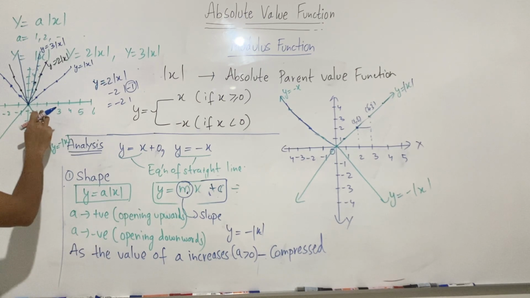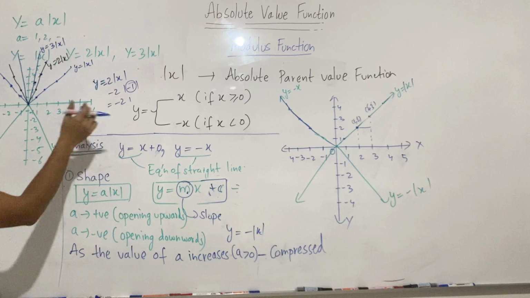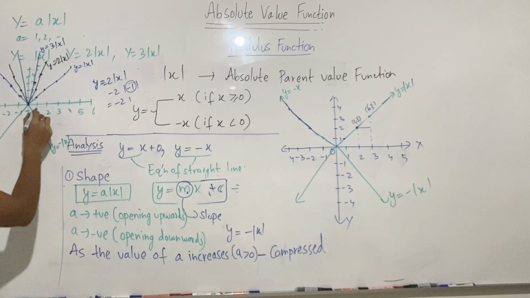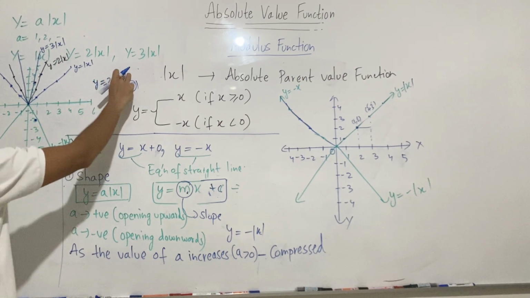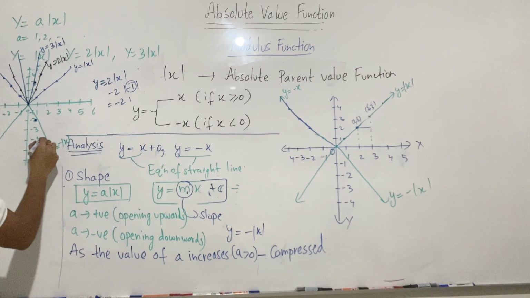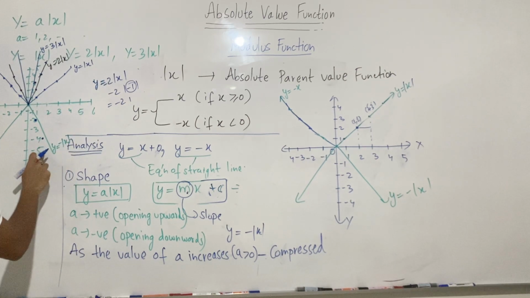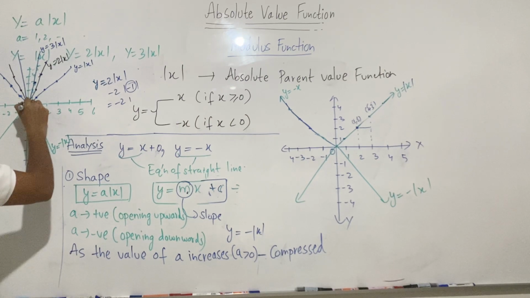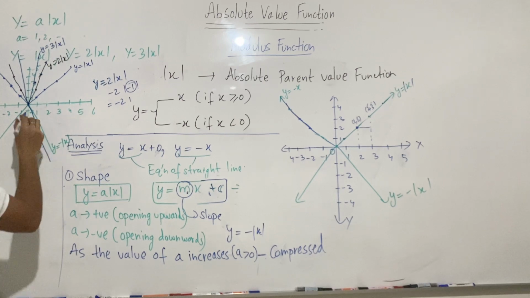So x -1, let's take +1 first. +1 gives -2. Okay, so this is going to be the case. Then 2 gives -4, this is going to be the case. Then 3 is going to give -6. So you can see it's going to get compressed.